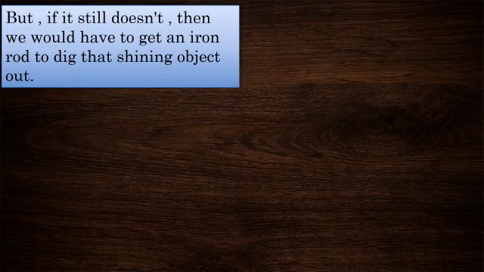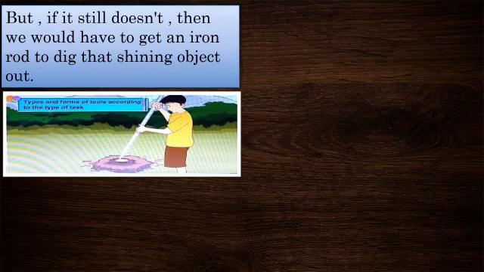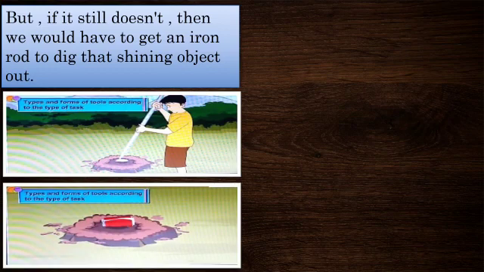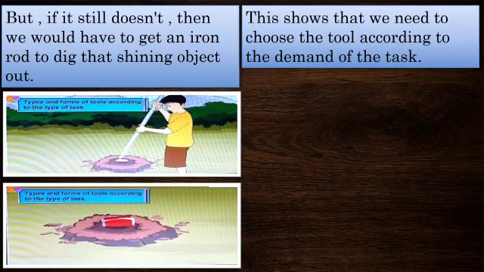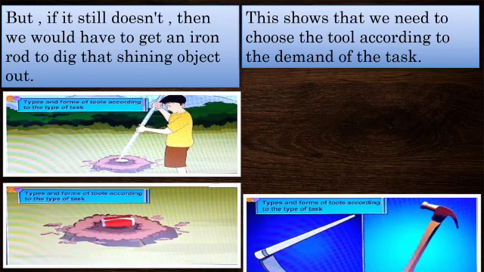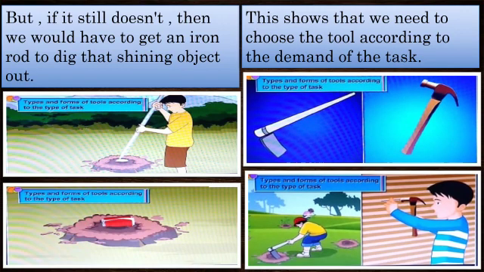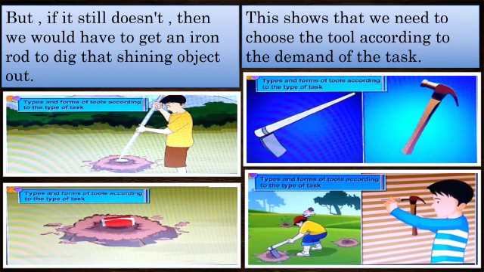But if it still doesn't, then we would have to get an iron rod to dig that shiny object. This shows that we need to choose the tool according to the demand of the task. Now see students, to do different tasks, we need to make use of proper tools.